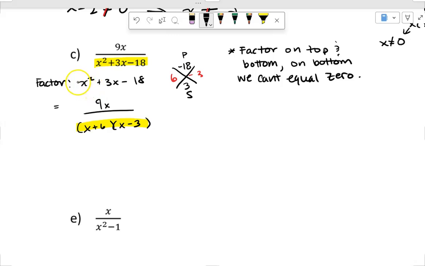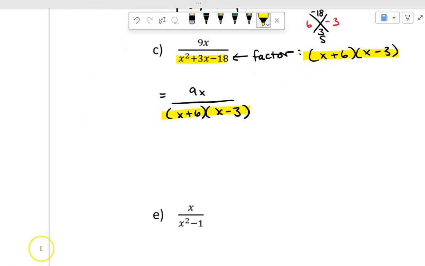Remember, when you have no number in front of x squared, you get to just use the shortcut, and this would be factored form. Now that the denominator is in factored form, I can check each factor to see what x is not allowed to equal by setting each factor equal to 0. X plus 6 cannot equal 0, and x minus 3 cannot equal 0.